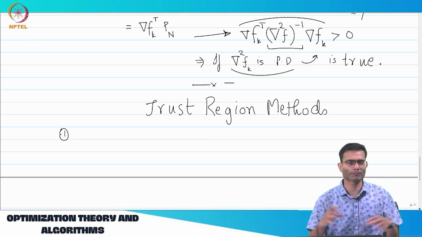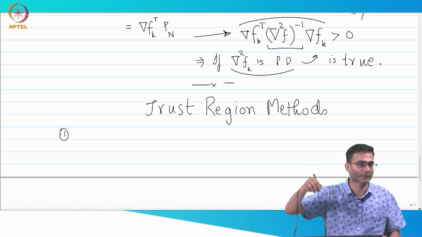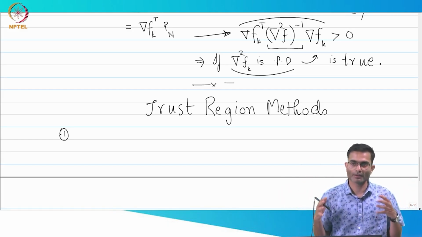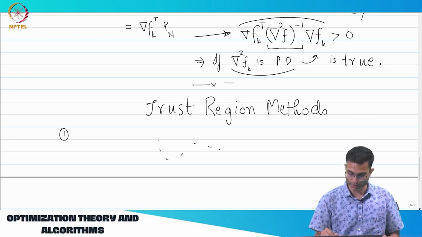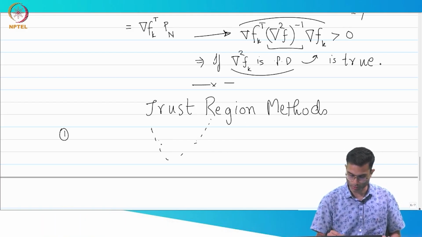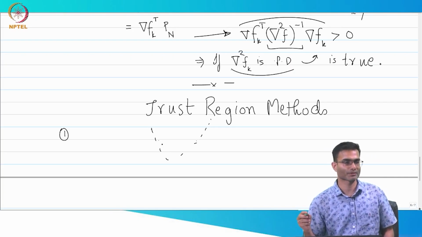Let us say I have a complicated function that I cannot even write as sine, cos, tan, log, whatever. It is something that is coming from data. Supposing I give you a bunch of points like this, and I say make a model out of these points.